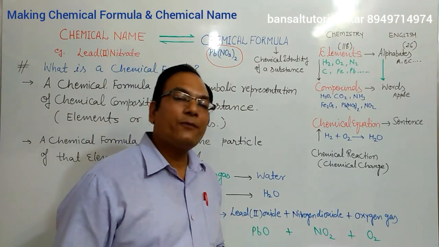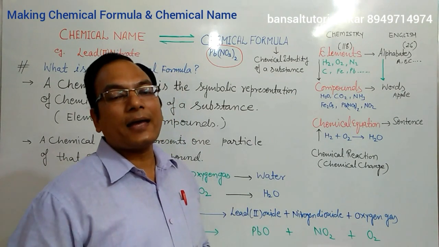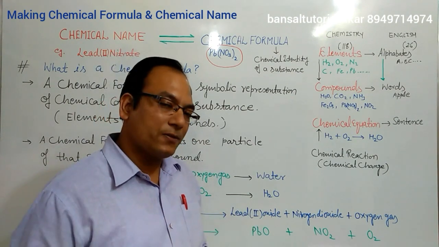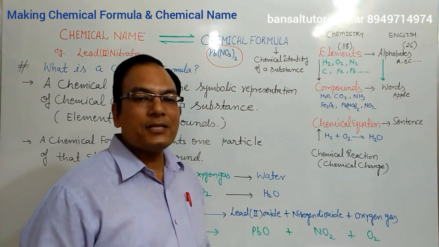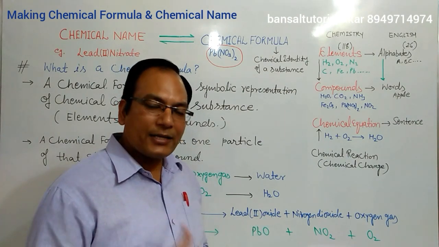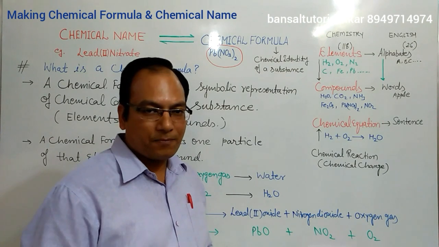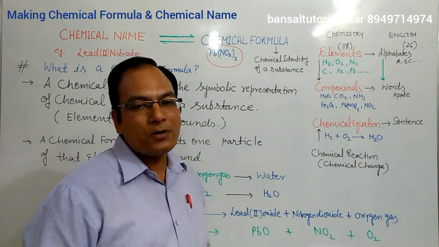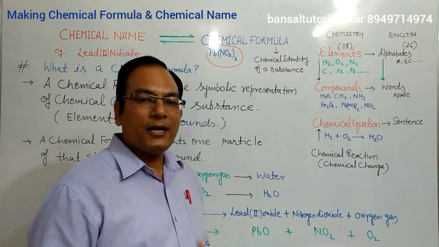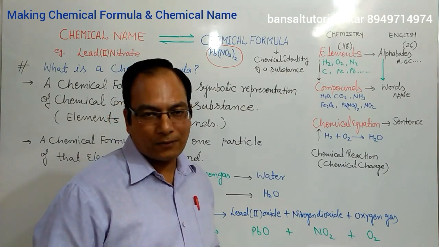Students, a chemical formula represents the chemical identity of a substance. If this chemical formula changes, it means the chemical identity changes, and that is called a chemical change. Because when the chemical identity changes, it means a new substance is formed, and in the language of chemistry, it is known as a chemical reaction.